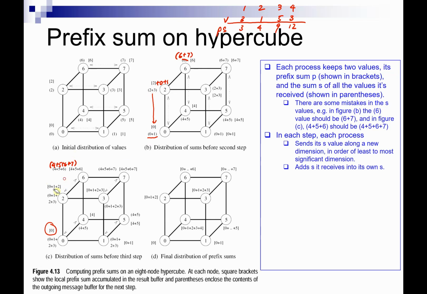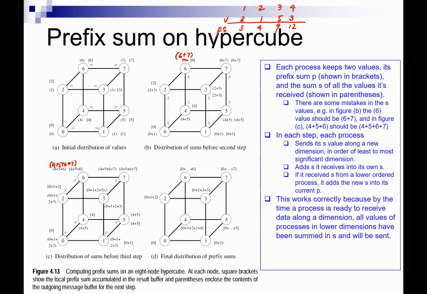Yeah, so okay, that's how this algorithm works. The reason that this algorithm works correctly is because, basically, if you look at this sum part over here, after you run this algorithm for a certain number of steps, each of the processes would have computed part of its prefix sum.